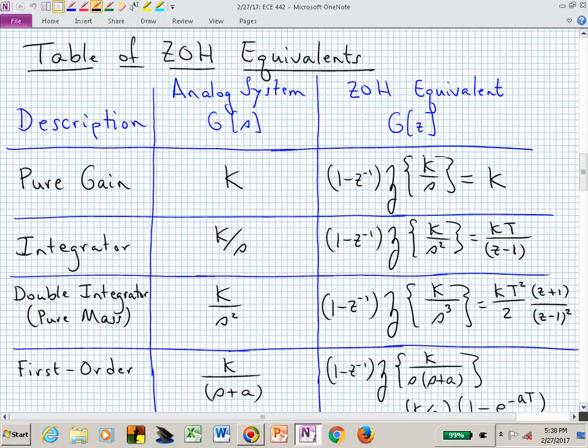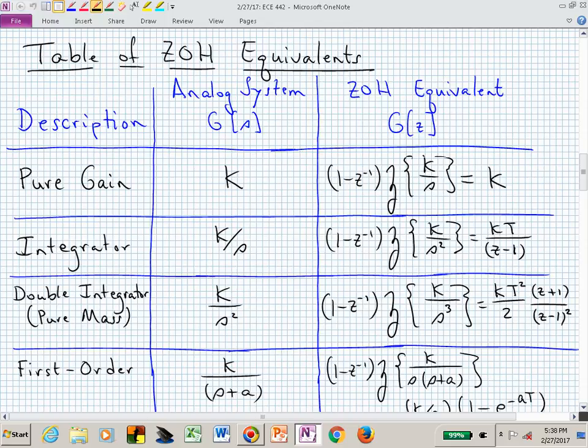No, we're not really trying to find the step response of a system. But we are trying to find a discrete time transform that we can now use either for design or analysis purposes. And it now incorporates the influence or the dynamics of that zero-order hold.